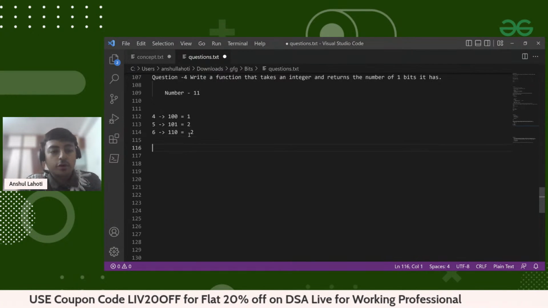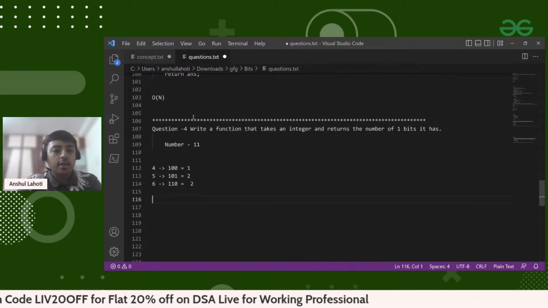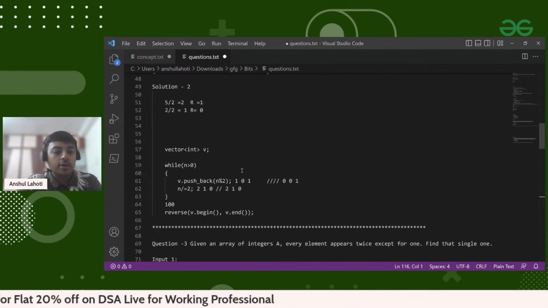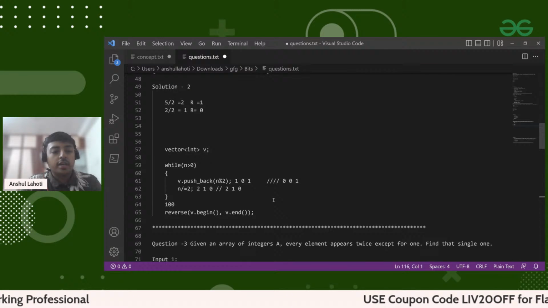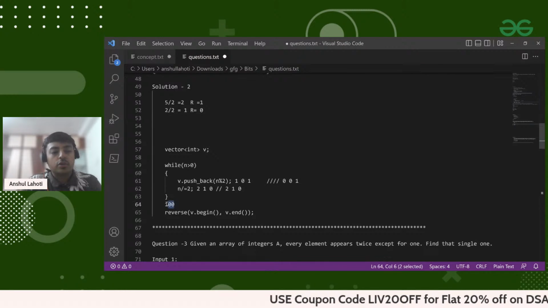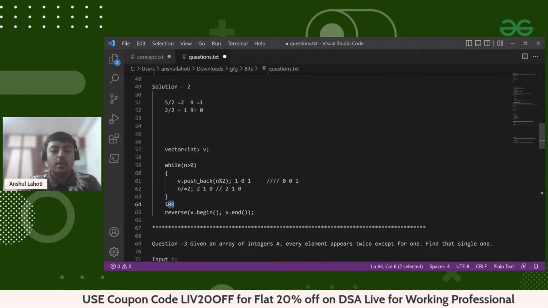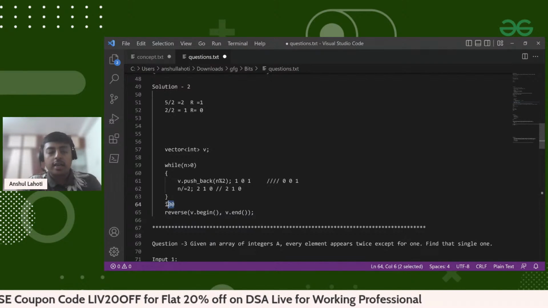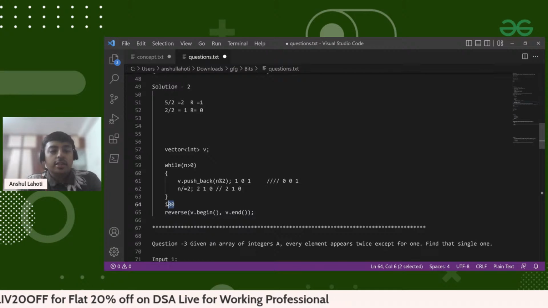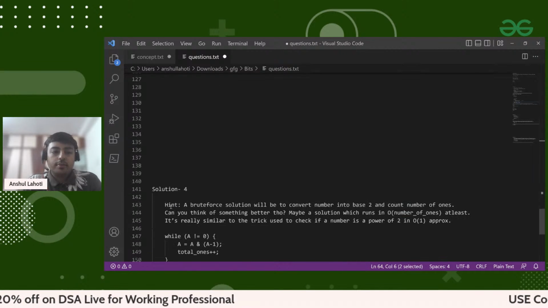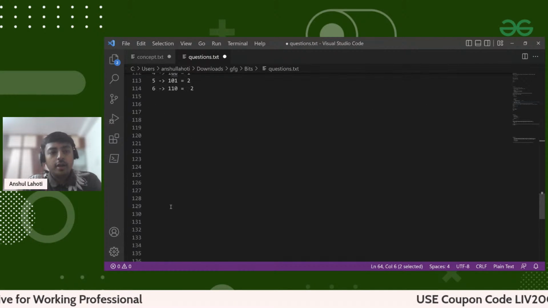So we just store this 100 in an array, and count the number of ones in that array. That is only one time, so we will have an answer, right?